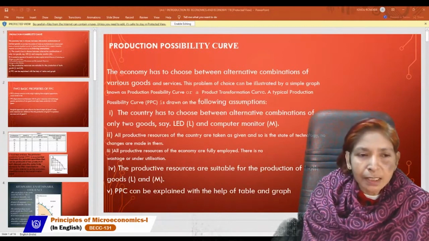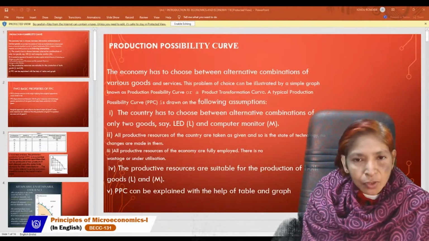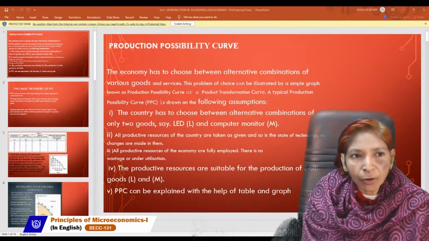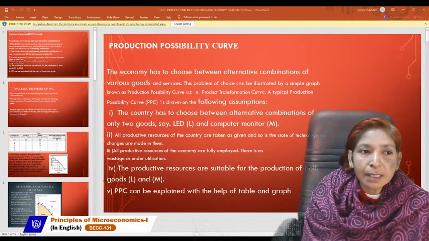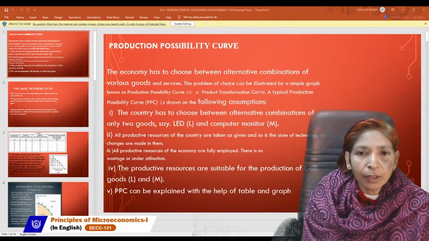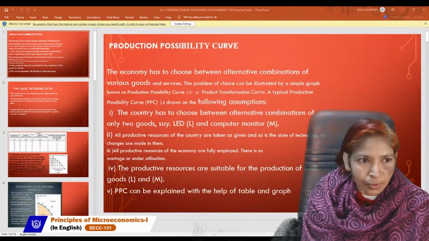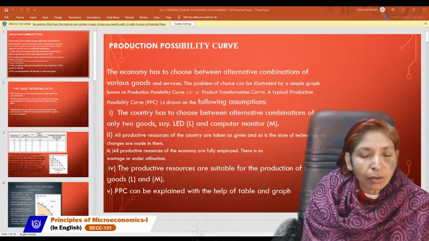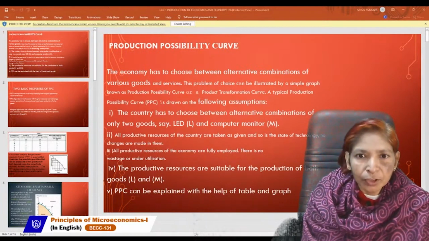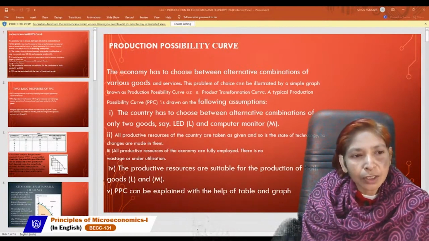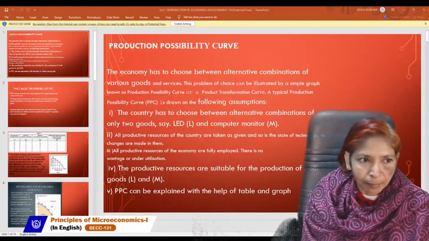MOC is the ratio, and MOC describes the slope of PPC. It means the PPC slope depends upon marginal opportunity cost. Marginal opportunity cost is also known as the marginal rate of transformation. PPC is always concave to the origin due to increasing marginal opportunity cost.